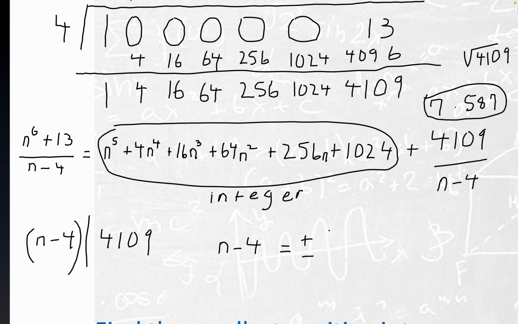In this set you would have 1, 7, 587, and 4109. Those are the only possible divisors.